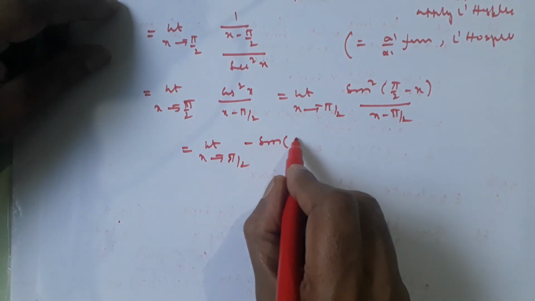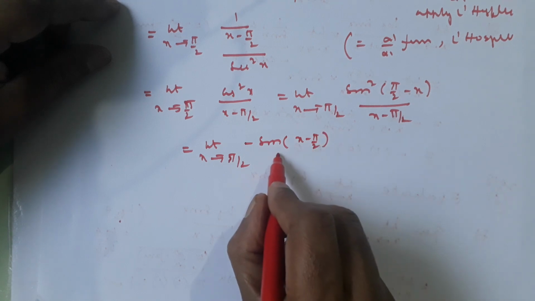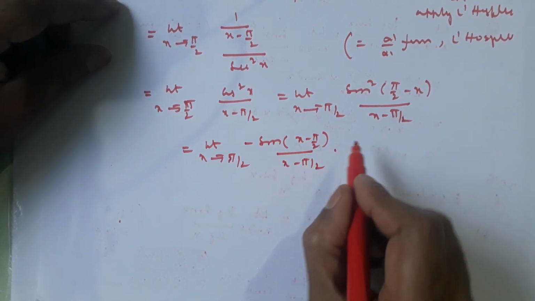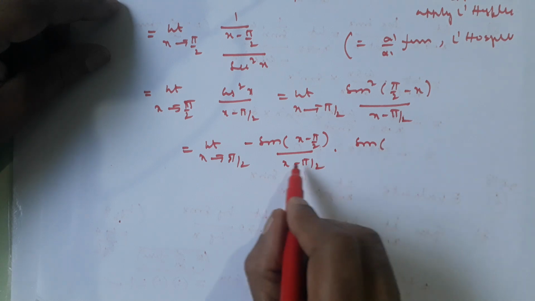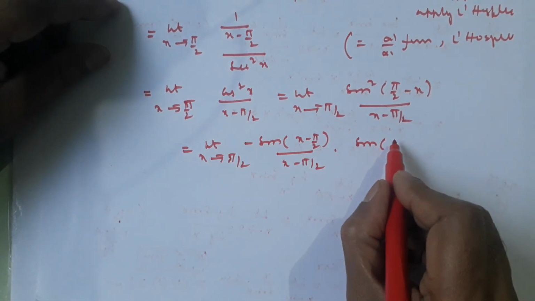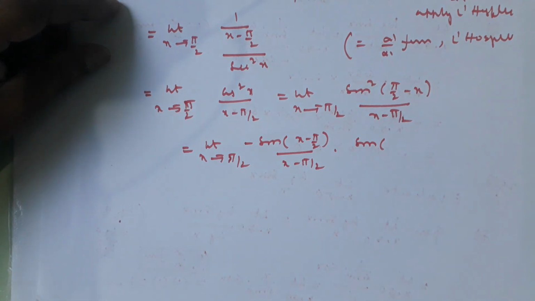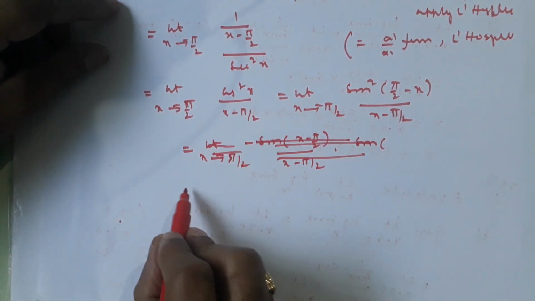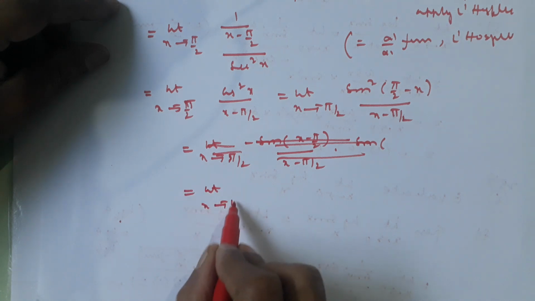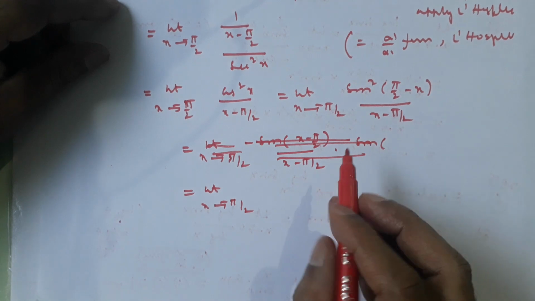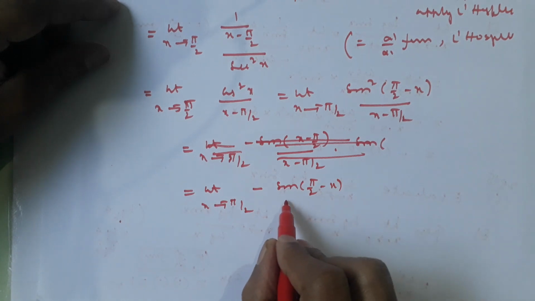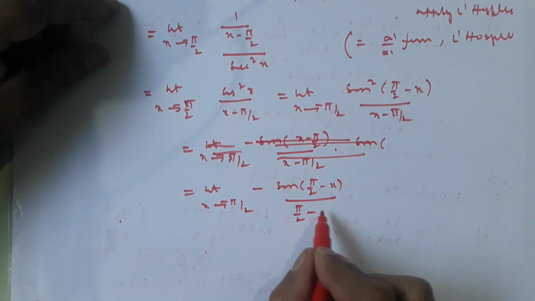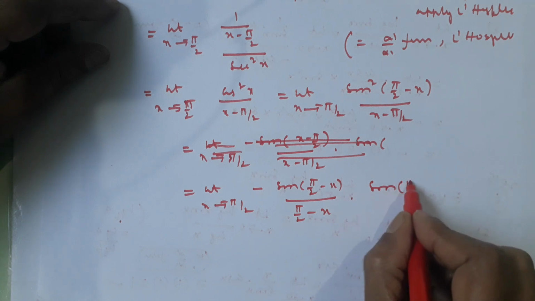Taking the minus common in the denominator, for ease, it becomes minus 1 times sin of pi by 2 minus x, whole divided by pi by 2 minus x, into sin of pi by 2 minus x.